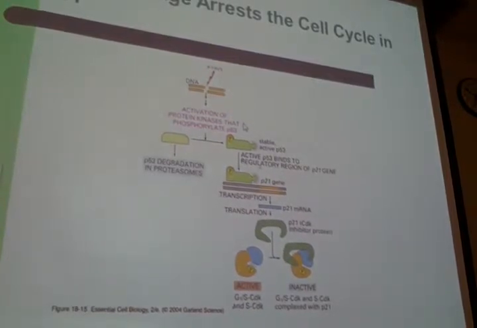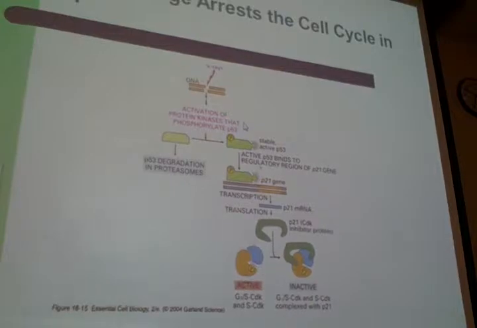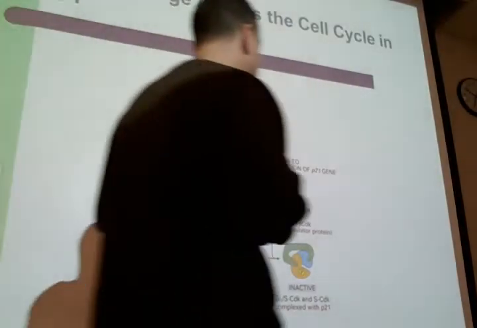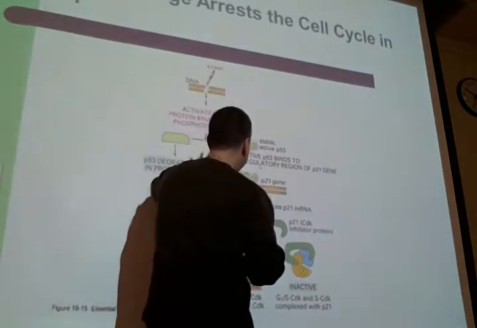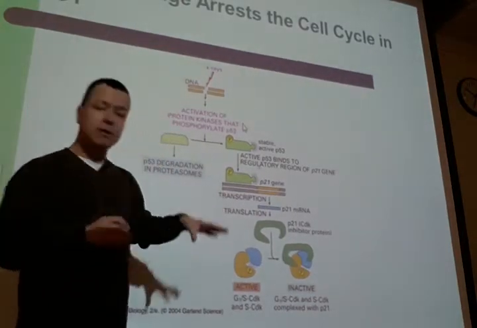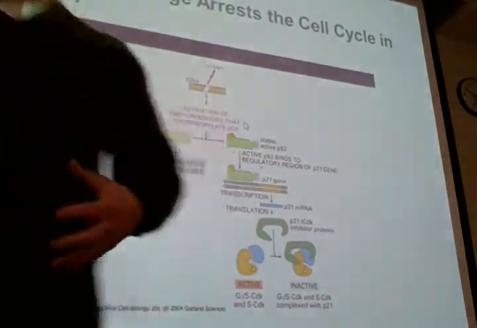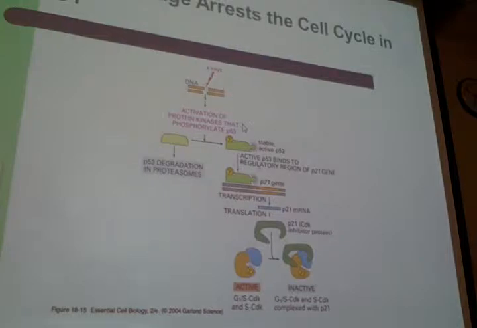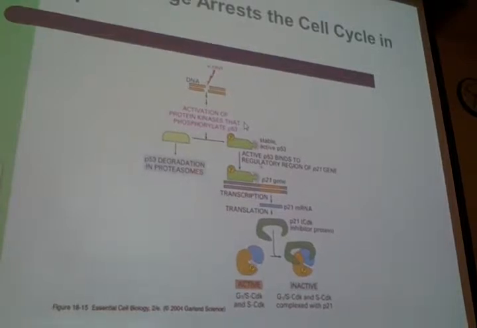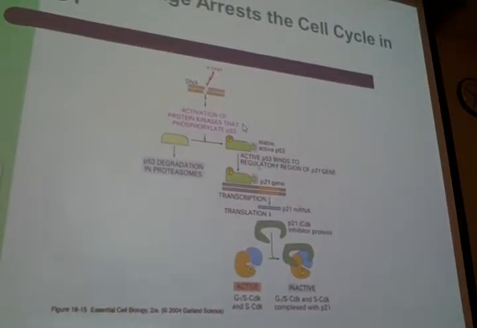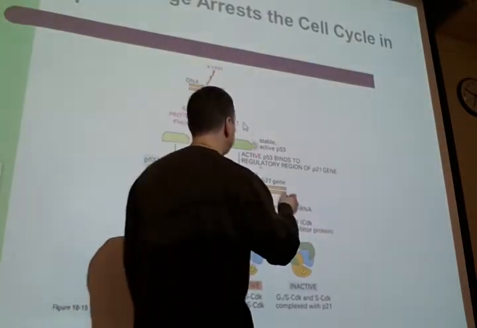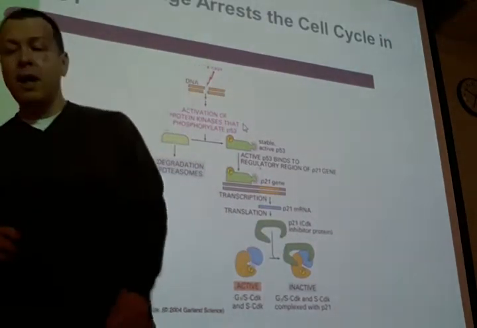Now, a couple of other things before we jump into the actual mitosis part. The cell is always monitoring important things, especially DNA damage. So I want to briefly talk about this protein right here called P53.